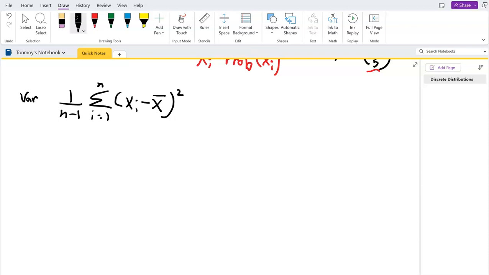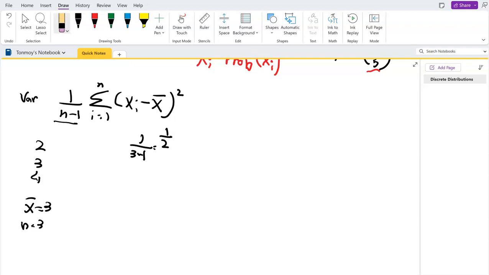And if you notice again, if we distribute it out, let's say we take just 3 numbers: 2, 3, and 4. Then my mean is going to be 3, and my n is also 3. So it is going to be 1 over 3 minus 1, which is 2, so 1 over 2.